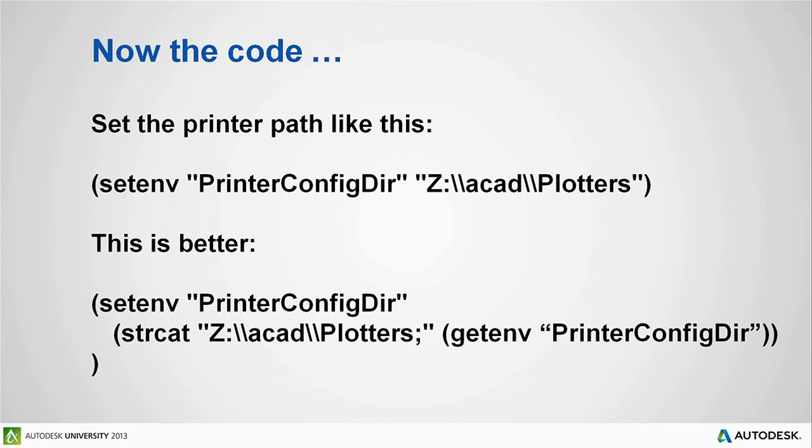So semicolon, close that off, and then I add to that a get environment call on that same key. So literally what this function is doing is grabbing whatever's in that key, putting my path on the front of it, and then writing it back into the key. Make sense? There's still a logical flaw in this. What is it?